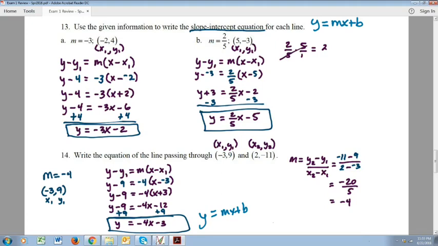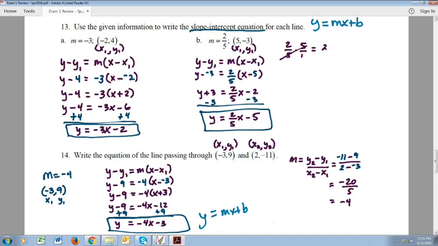So I just want to point out, I kind of like this problem because first of all, we had to use the slope formula. And then when we write an equation of a line, we use the point-slope formula. And then finally, I gave my answer in slope-intercept form.